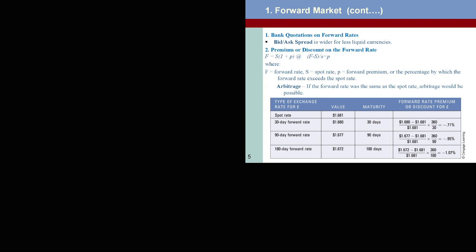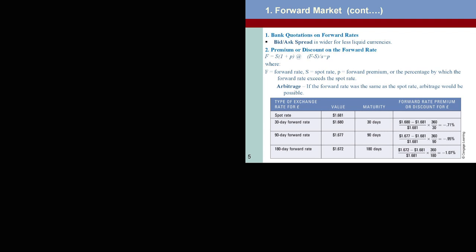It can be both higher and lower. Based on this, we notice that the value is lower, so you need less USD if you want to buy in the future. Okay, 90 days, it's even lower, 1.677. 180 days, it's even lower. So we believe that the British pound has not been doing well against the USD, and that's why it's depreciating.